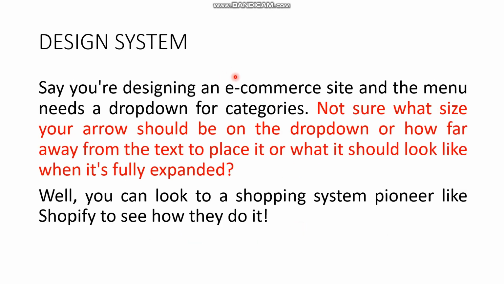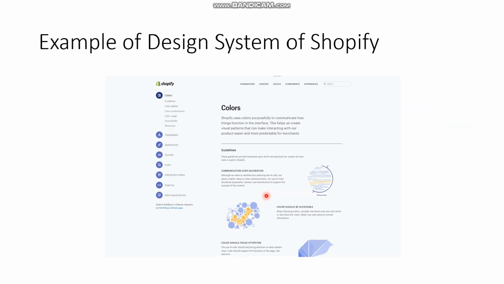So, for example, you are designing an e-commerce website, and the menu needs a drop down for categories, but you're not sure what size the arrow should be, or how far away from the text to place it, or what it should look like when it's fully expanded. Well, you can look to a shopping pioneer like Shopify to see how they do it.